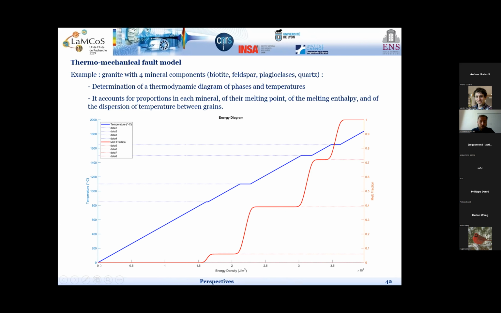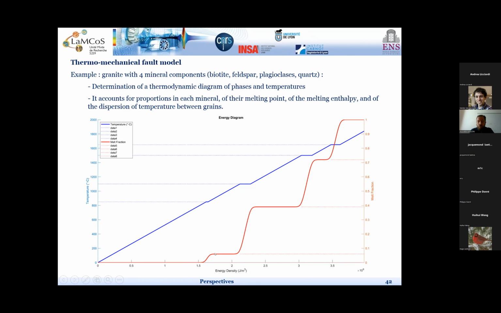For example, if we increase the energy density in granite, first we will obviously increase the temperature here. But then at some point we will reach the melting point of biotite. So in this case, we stop increasing the temperature, but we increase the melt proportion. So biotite melts, okay? When all biotite has melted, we increase again the temperature if we increase the energy density.